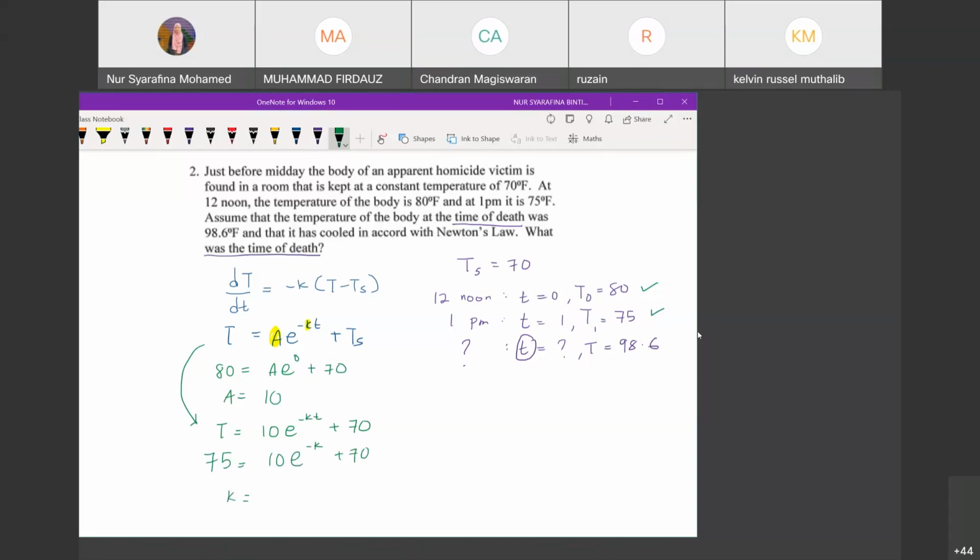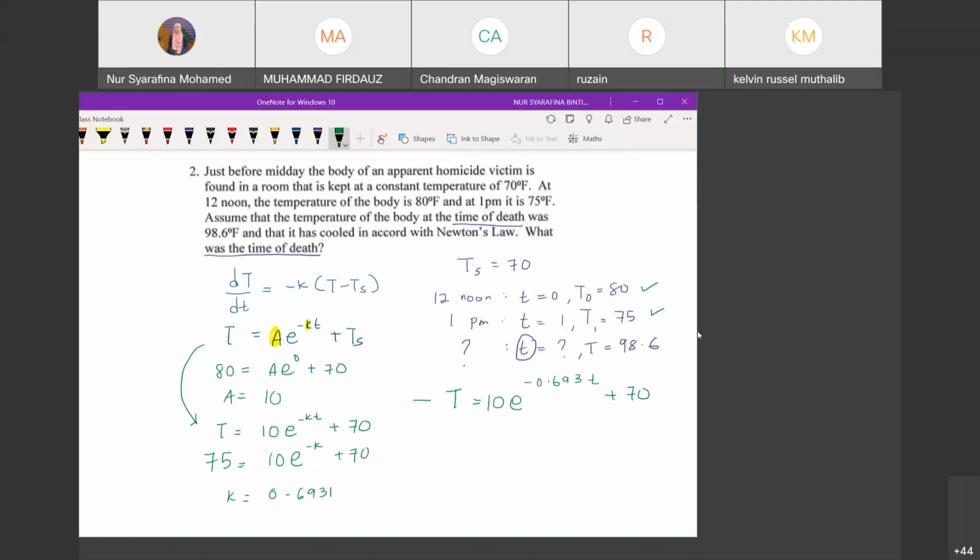K equals 0.6931. So now your solution becomes T equals 10e^(-0.693t) plus 70.